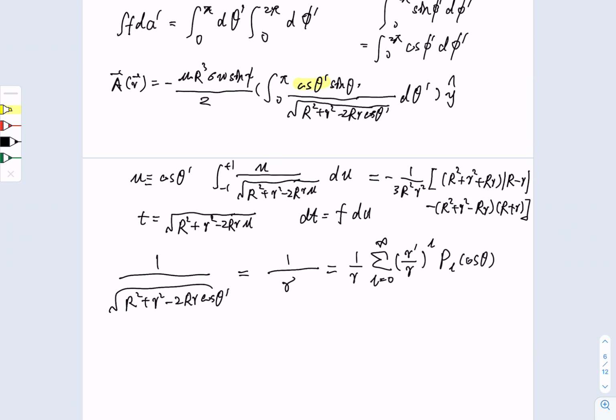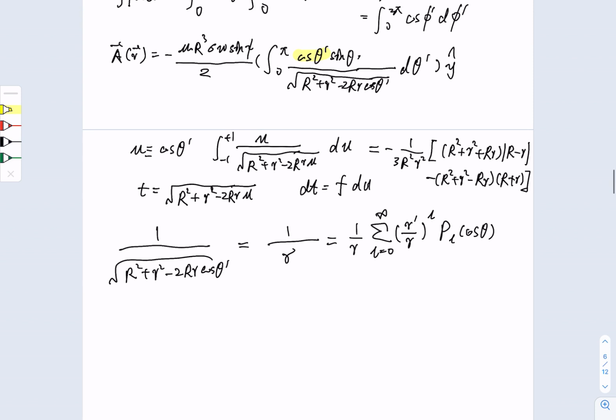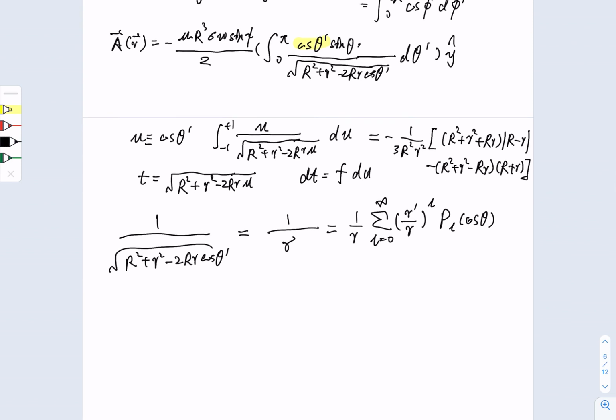now what's on the top here is one term involving the cosine theta prime, and another is the volume element. So this cosine theta prime is simply the P1 cosine theta. Now this integral actually has some physical meaning. Let's simply define this as f.